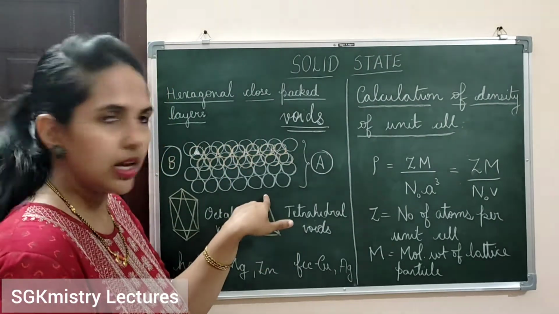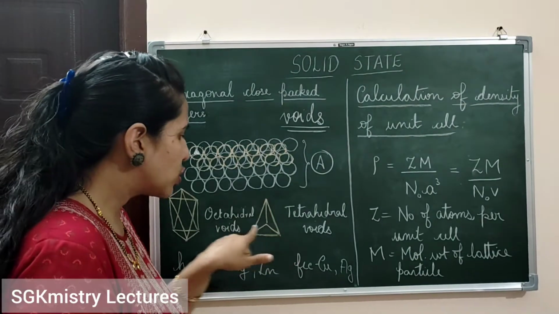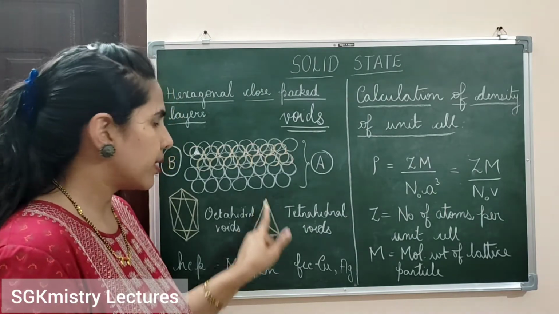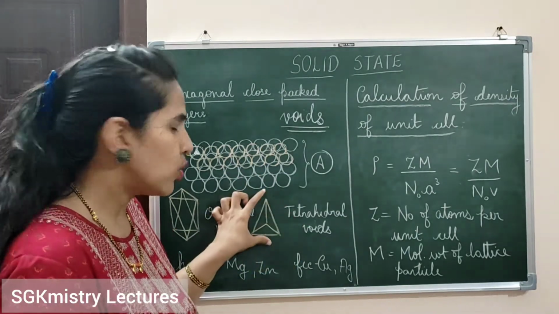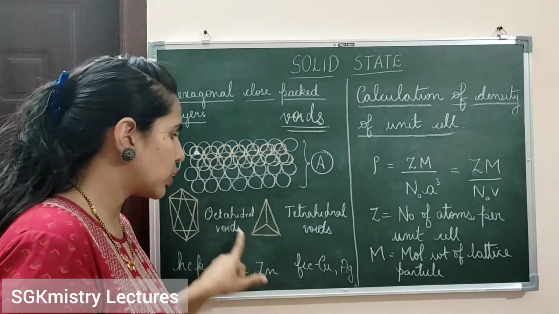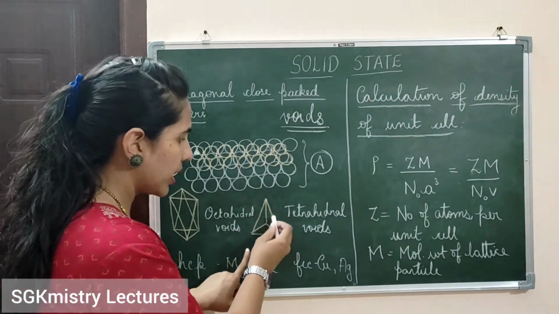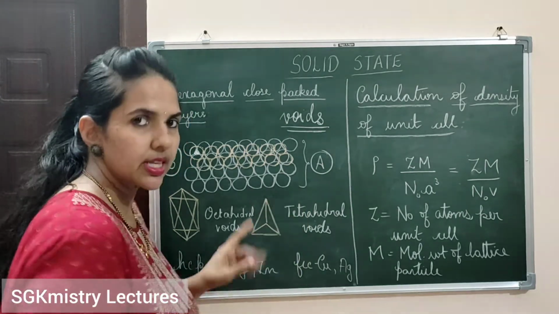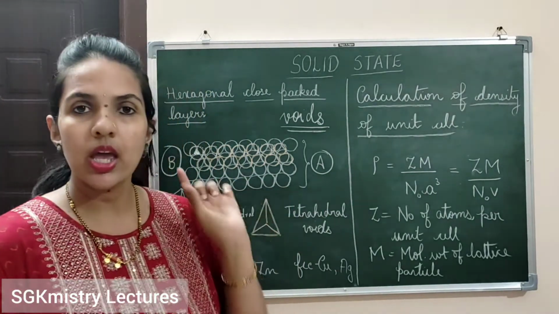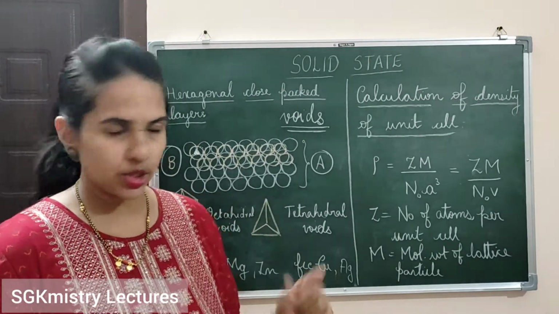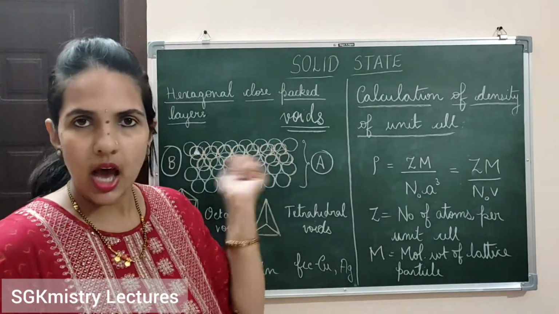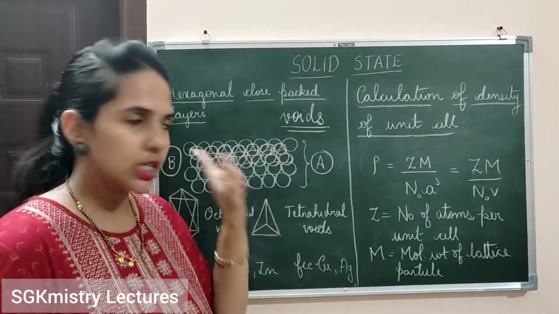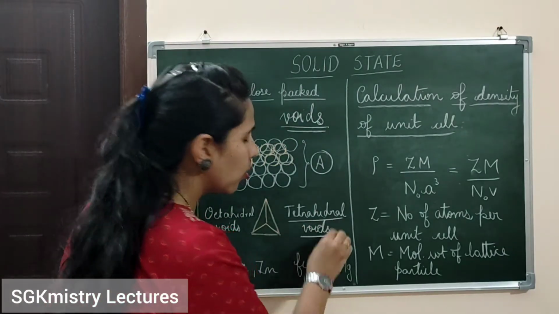So upon the triangle there is one more particle. If you join these three points of the triangle of the void to the upper particle of the second layer, you get a tetrahedron. Why do you call it a tetrahedron? Because there are four faces. That's why you get a tetrahedral structure when you join the void and the upper sphere of the second layer. Such a void is called a tetrahedral void.